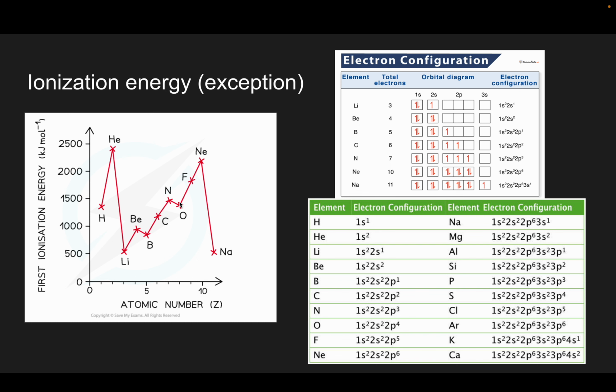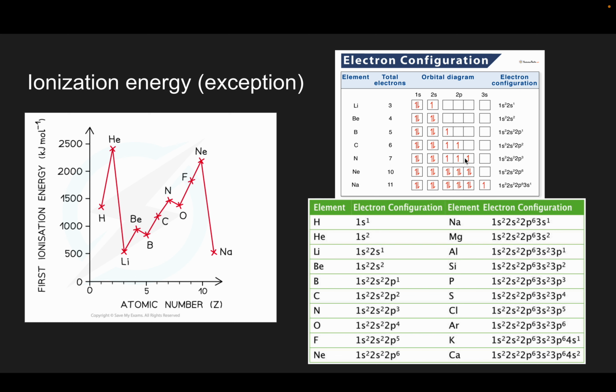For example, let's take nitrogen and oxygen. Here, as you can see on the bottom picture, nitrogen has 3 electrons in the 2p group, and oxygen has 4. And for example, let's take a look at nitrogen.